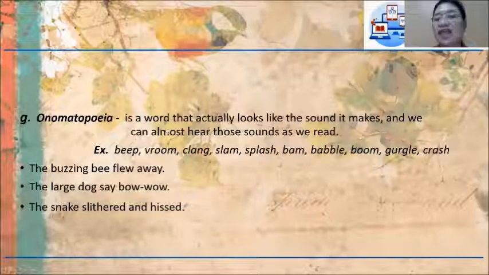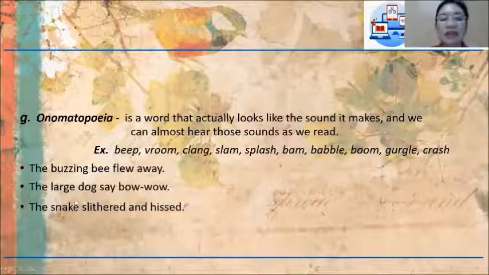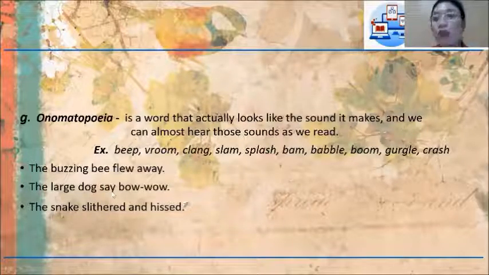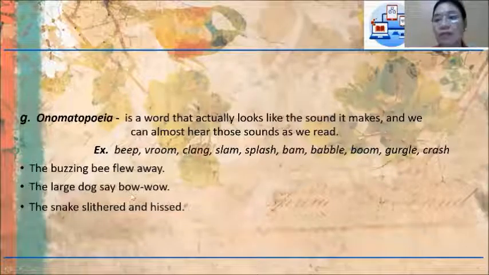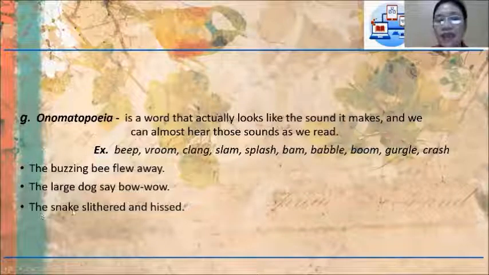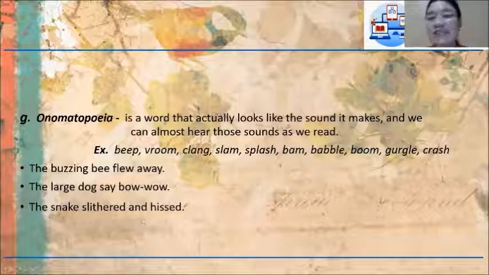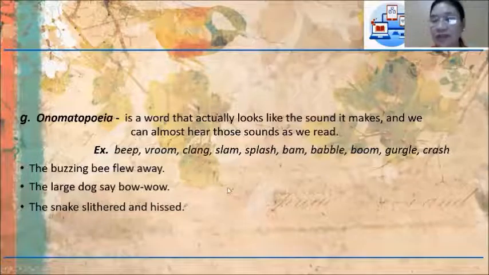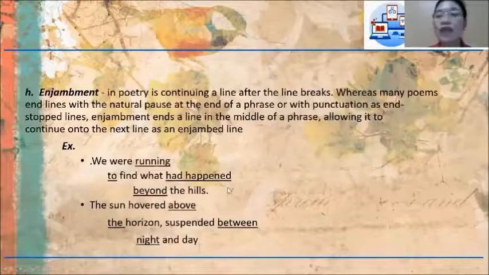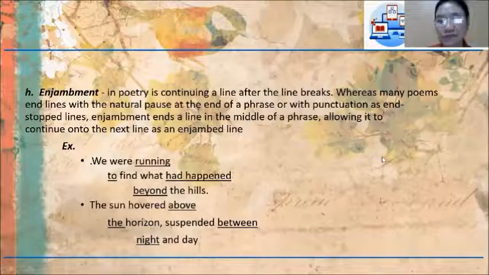It is the word that actually looks like the sound it makes. Then the large dog says bow wow. What is the sound made by the dog? Bow wow. And then the snake slithered and hissed. So the snake hissed. So this is onomatopoeia.